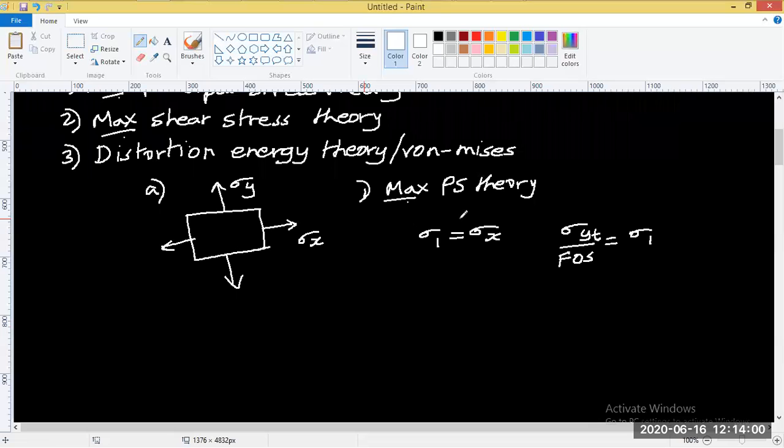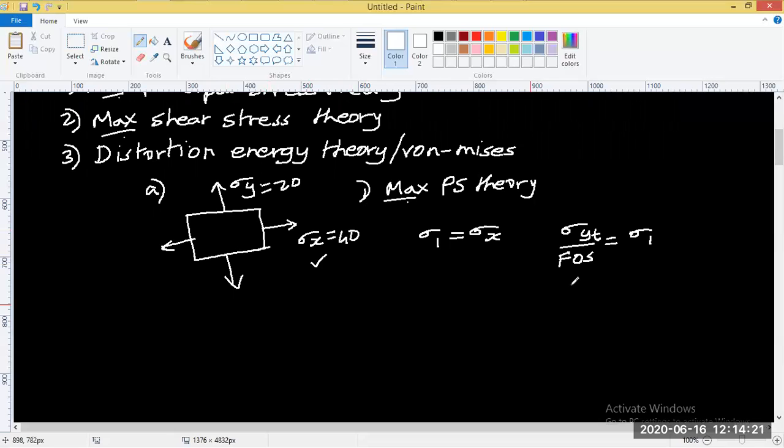But the maximum stress remains sigma x, because in magnitude this is coming to around 40 and this is 20. So in magnitude, sigma x is greater. That's why we are equating sigma 1 to sigma x, since it's only a biaxial case.